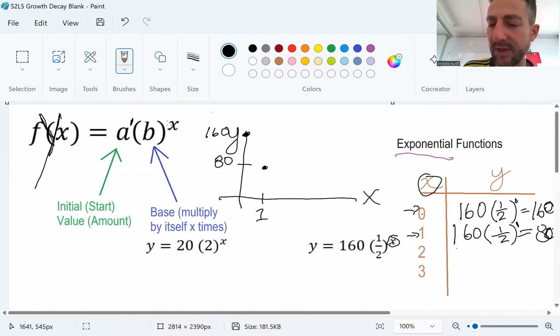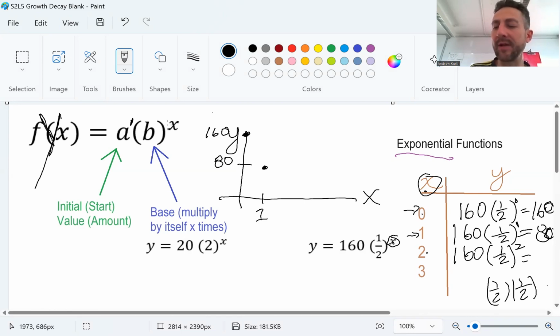X equal 2. 160 multiplied by 1/2 raised to the 2 power because x is 2. So that goes in the exponent. That means we're doing 1/2 times 1/2 because it's 1/2 to the second power, which equals 1/4 or 0.25. And then that amount needs to be multiplied by 160.